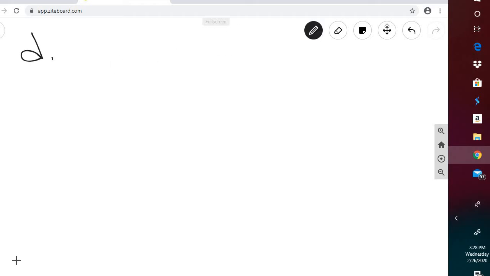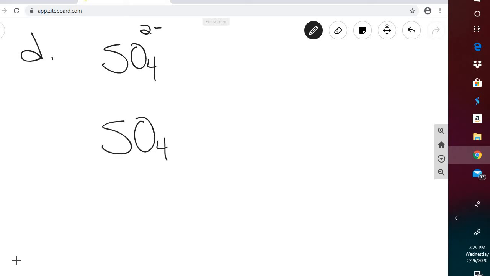Okay, letter D is SO4, and the whole molecule has a charge of -2. Okay, so when we look at our rules, we don't have a rule for sulfur, but we do have a rule that is usually true for oxygen, and that is that it's -2.